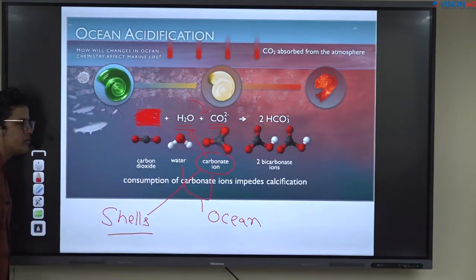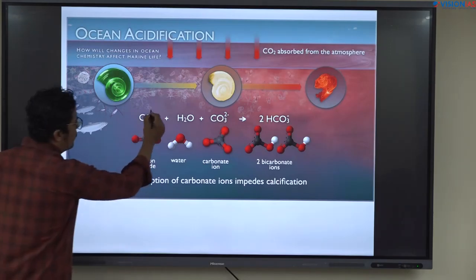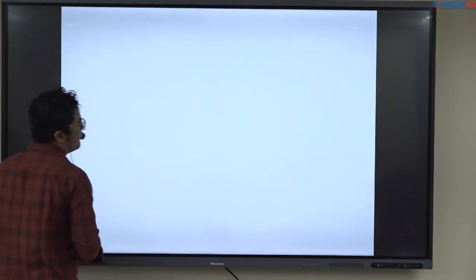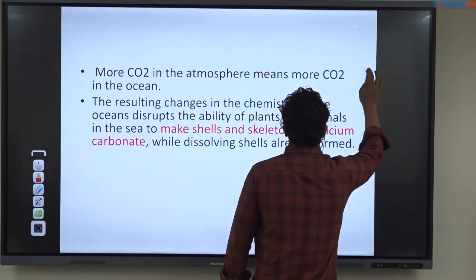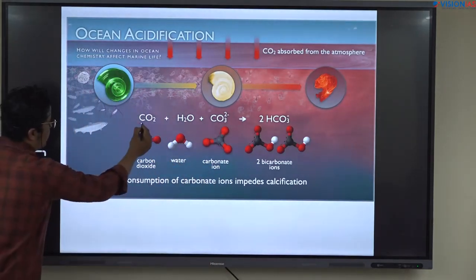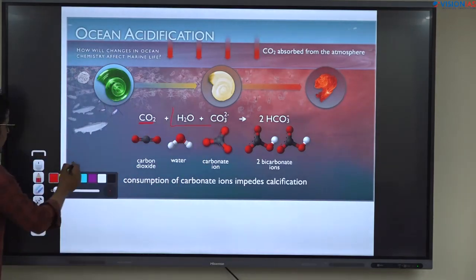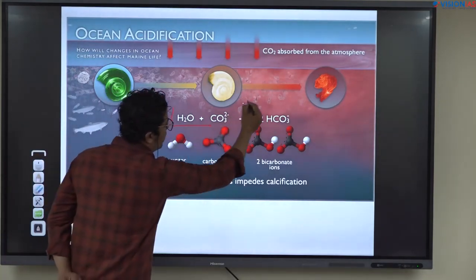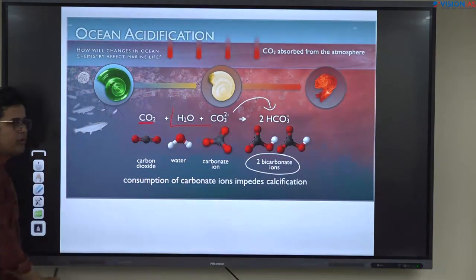It's a natural process. When does the problem come? The problem comes when the ocean absorbs carbon dioxide. So what will carbon dioxide do? Carbon dioxide will cause a chemical reaction and will convert carbonate into bicarbonate.